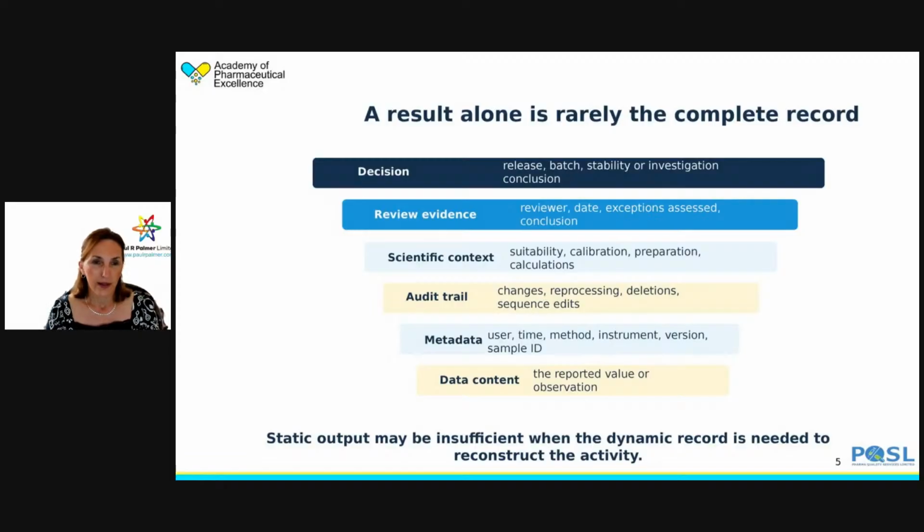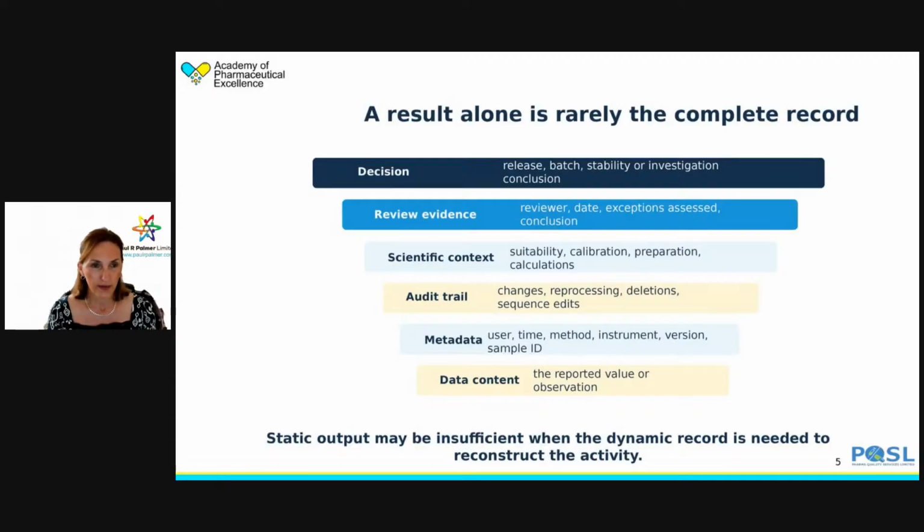So, as I've already started talking about, the result alone is rarely the complete GMP record, as we know. Think of an assay result of 99.2%. The number is the data content, but it doesn't tell us who generated it, how it was acquired, which instrument and method were used to acquire this data, which samples were tested, or whether the results had to be reprocessed.